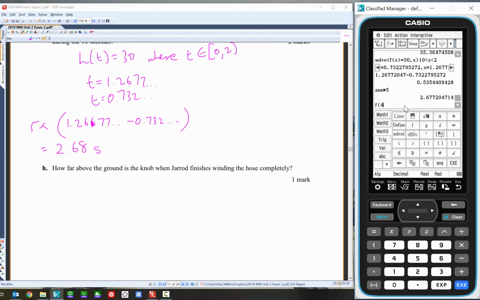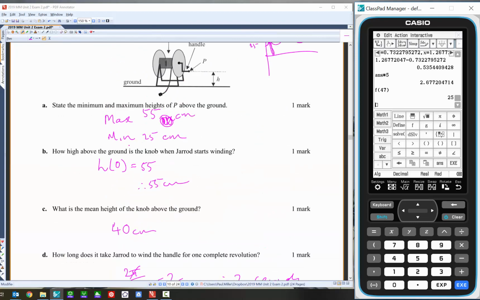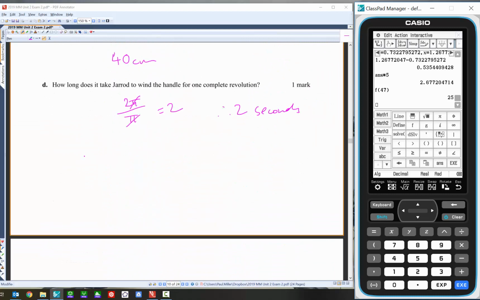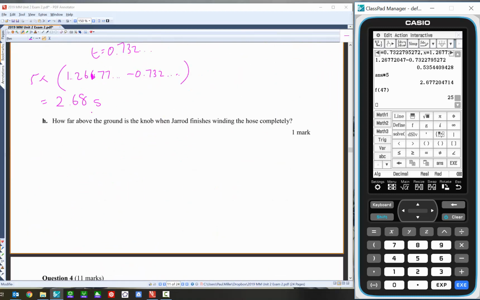That's at the end point of the domain, which is 47 from memory. Yep. So that's going to be h of 47 equals 25, therefore 25 cm.